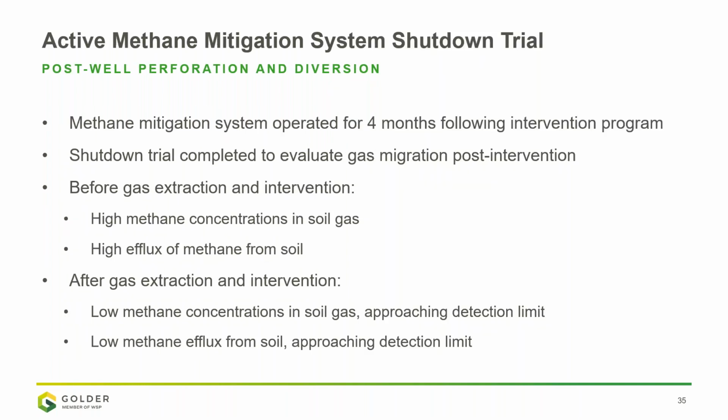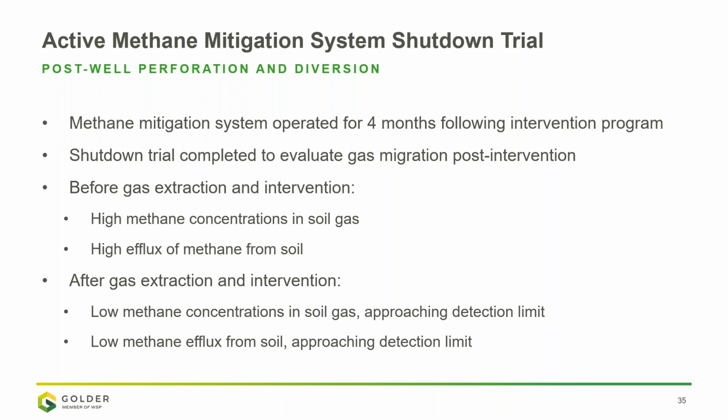So the mitigation system was operating during this time and operated for about 4 months following the intervention program. And after that, we wanted to see what the concentrations would be in the soil gas if the mitigation system was not extracting the soil gas.